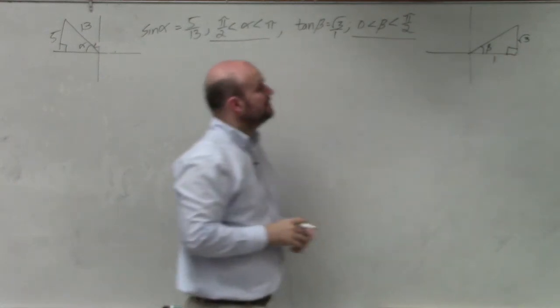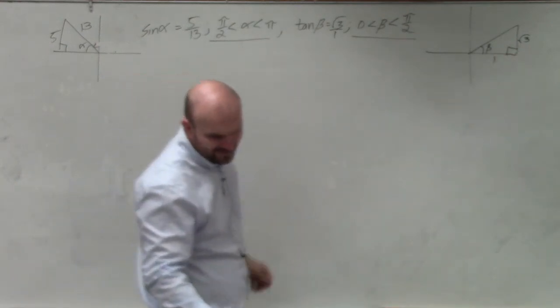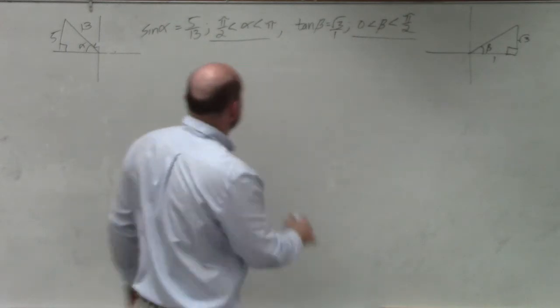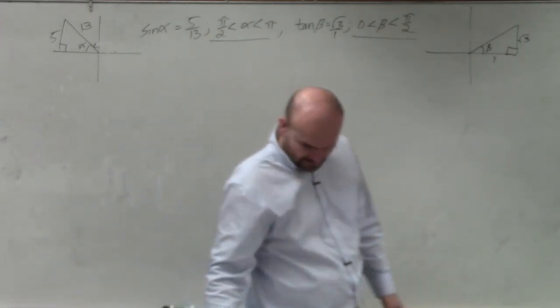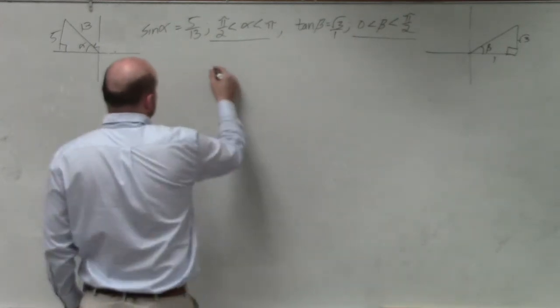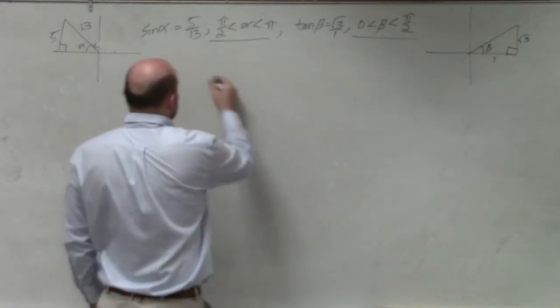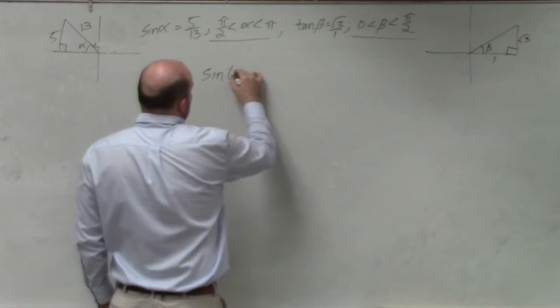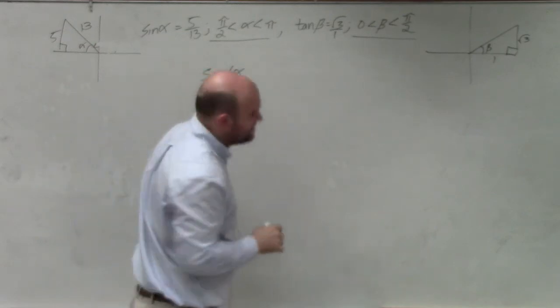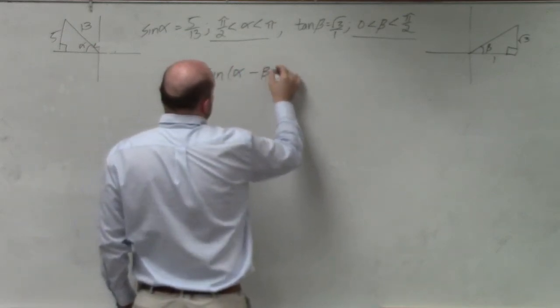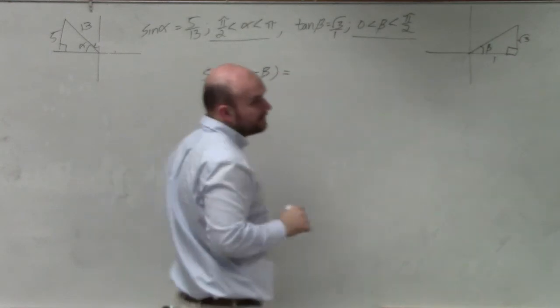OK? So now, I'm sorry, I didn't even write down what the problem was. The problem is going to be cosine of alpha plus beta. Let's do sine of alpha, sorry. Let's do sine of alpha minus beta. OK?